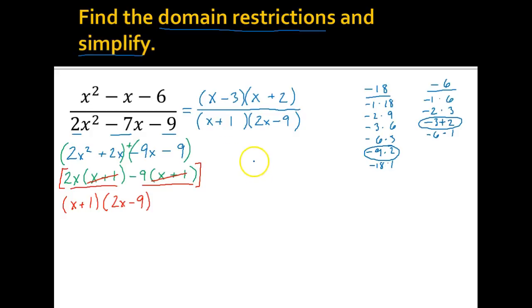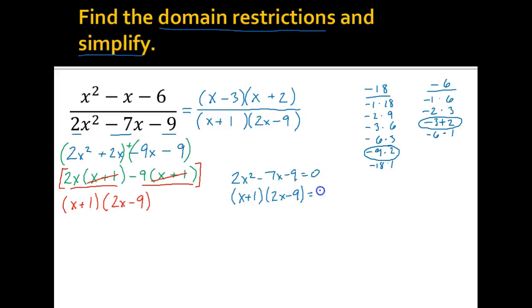So domain restrictions are anything that would make that denominator equal to 0. So what would make 2x squared minus 7x minus 9 equal 0? Now that's a little equation we can solve. We could use the quadratic formula, but we already have these factored: x plus 1 and 2x minus 9.